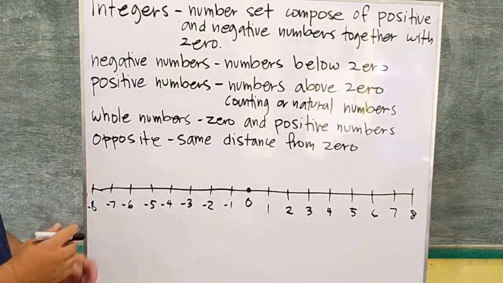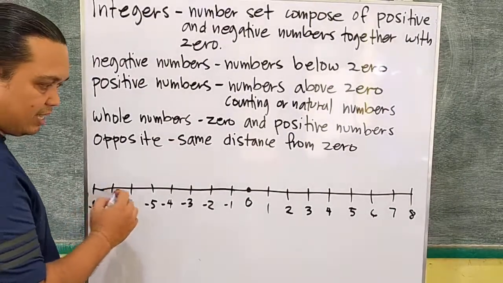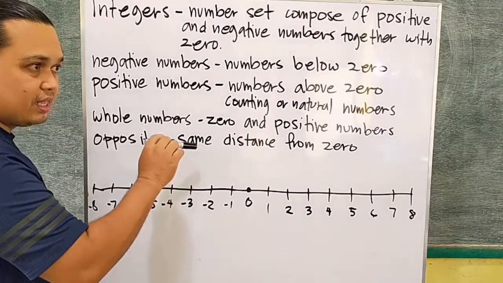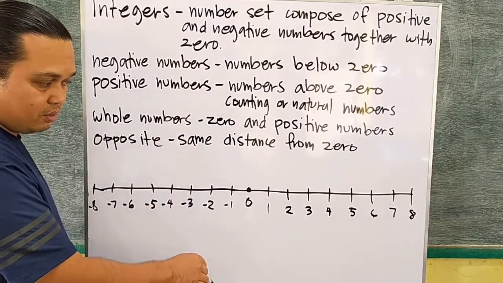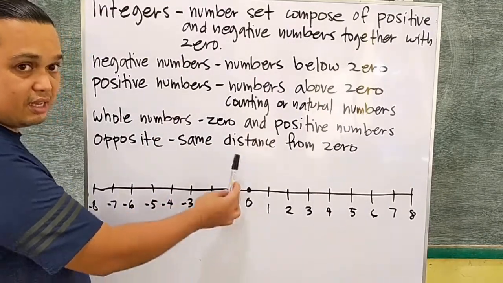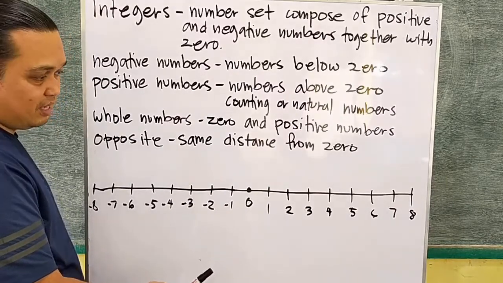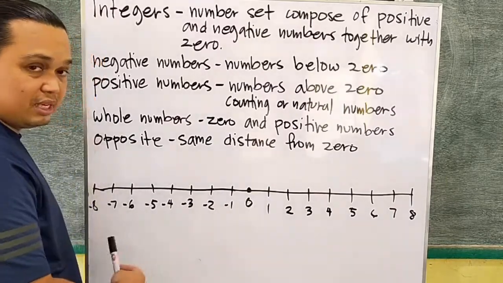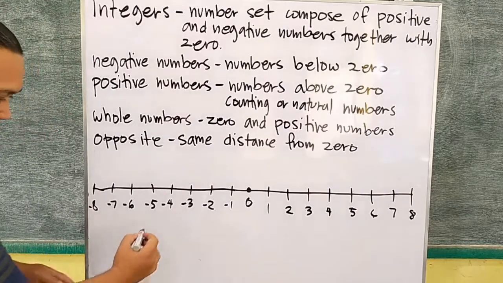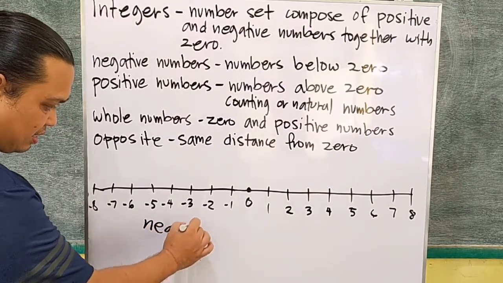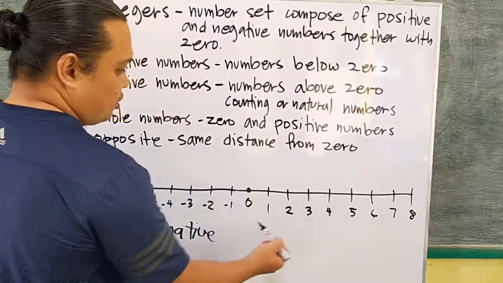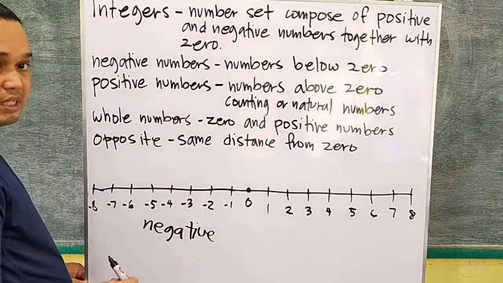If this line, for example, is the soil, numbers below the soil are negative numbers, and numbers above the soil are positive numbers. For our number line, numbers to the left of 0 are negative, while numbers to the right of 0 are positive numbers.